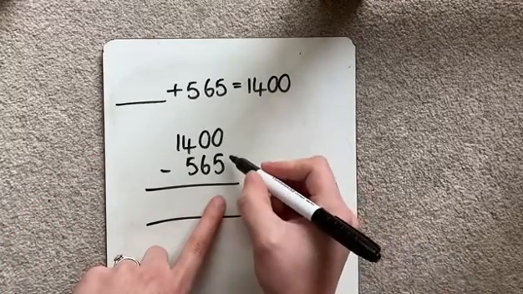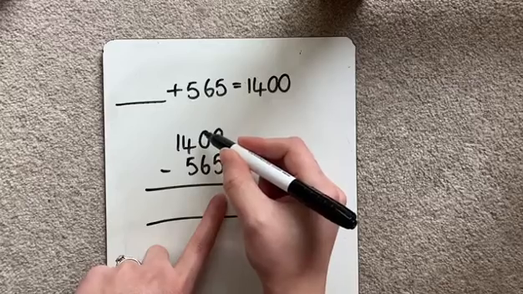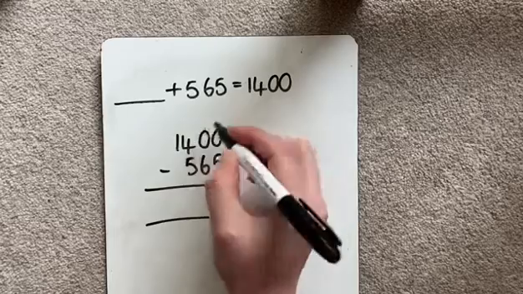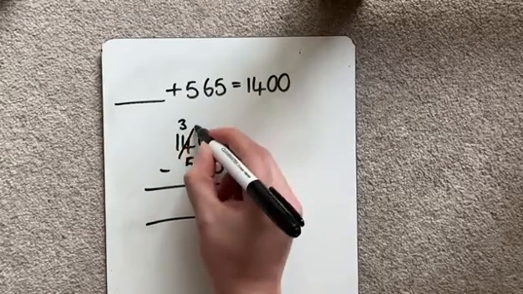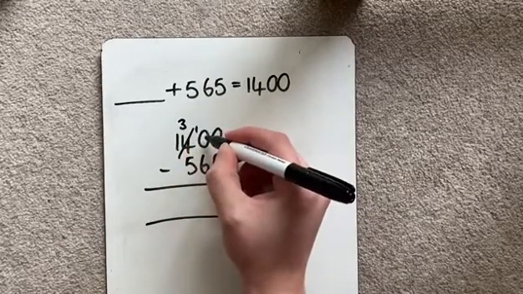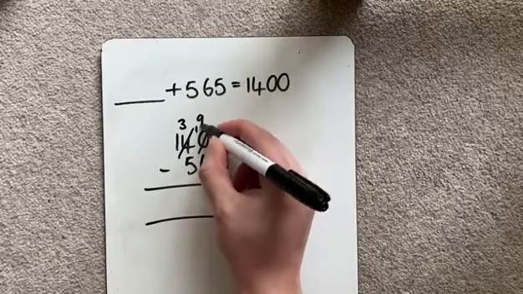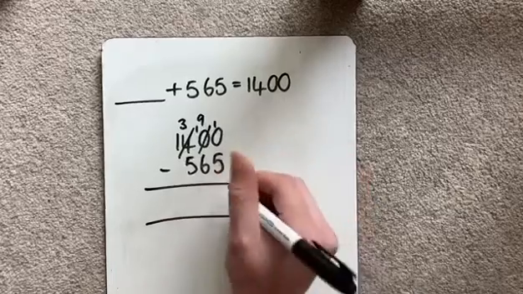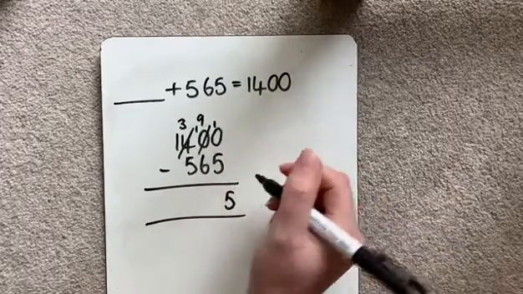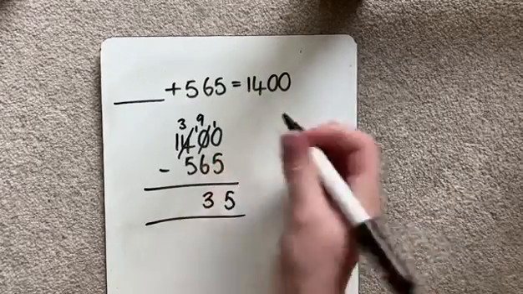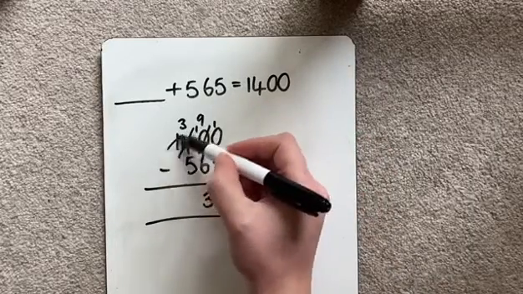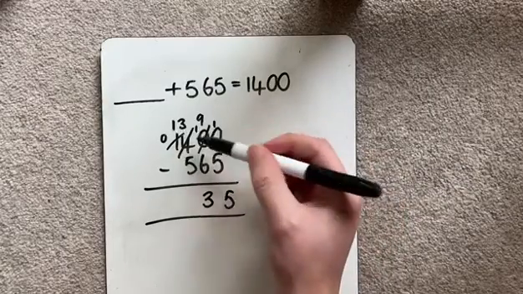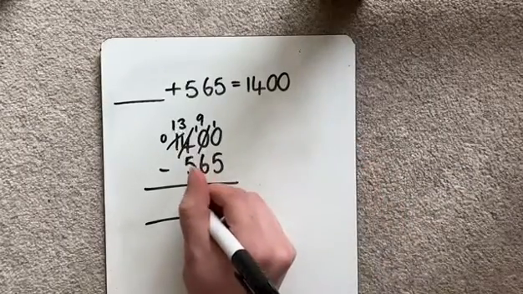So I can't do 0 take away 5, so I'd need to look over to exchange, and I can't take anything from 0, so I need to go over to the hundreds column and exchange from that 4 to turn this into 10, and then exchange that over, turning that into 9. So we've got 10 take away 5, which is 5, 9 take away 6, which is 3. I can't do 3 take away 5, so I'd need to exchange from that 1 in the hundreds and carry it over. 13 take away 5 is 8.